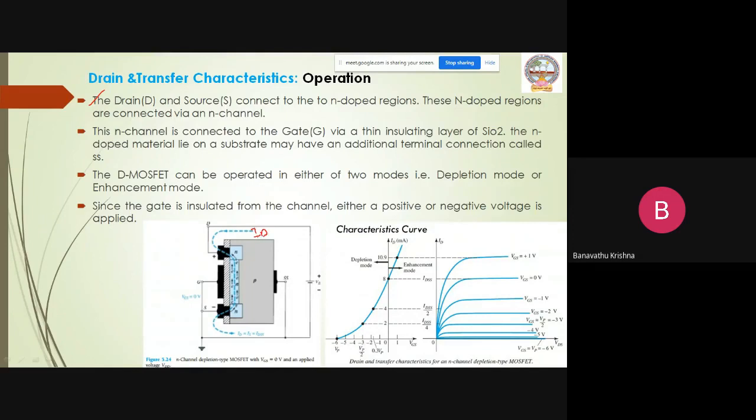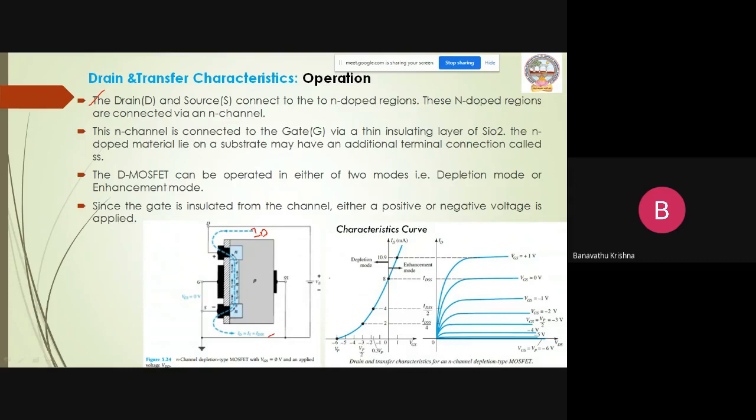Okay, drain current from drain to source is nothing but ID equal to IS equal to IDSS. Right, so let us see this point here. The N channel depletion mode MOSFET, VGS is 0 and applied voltage VDS.